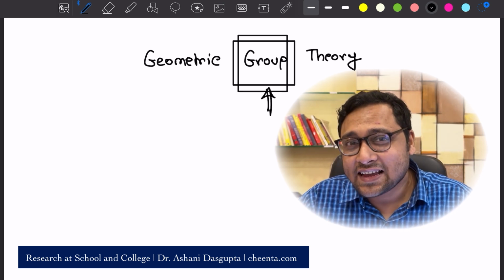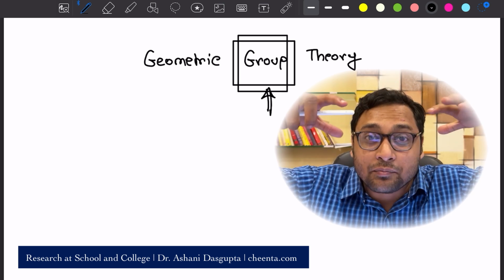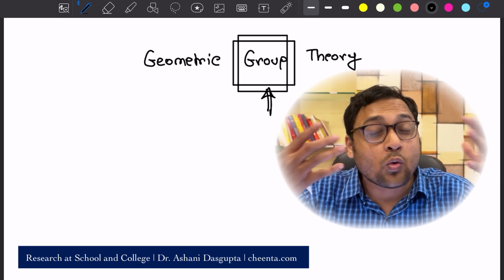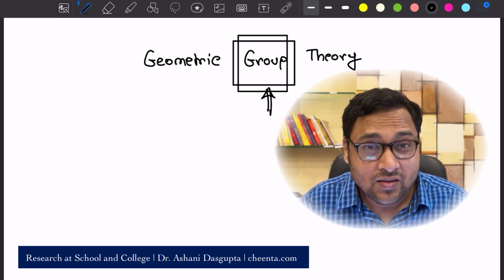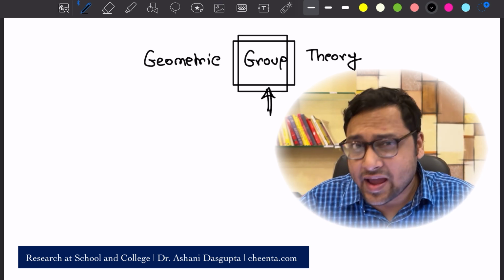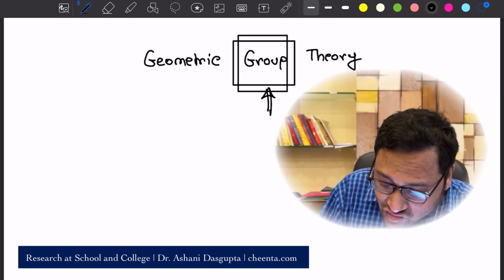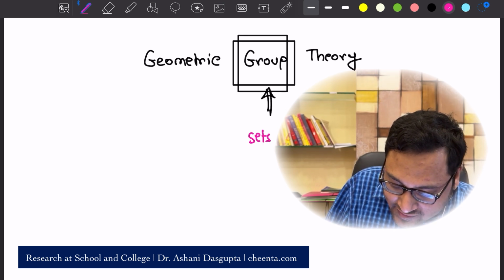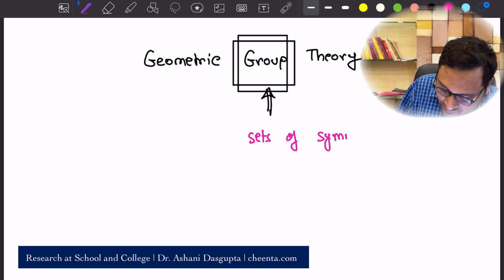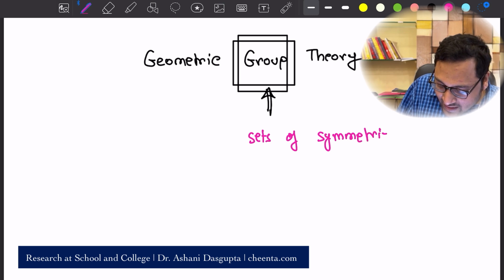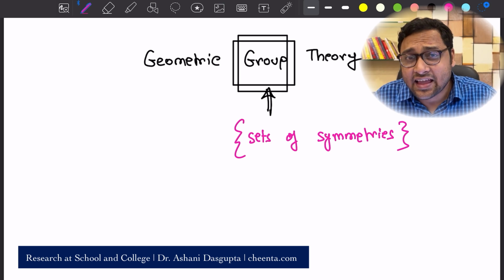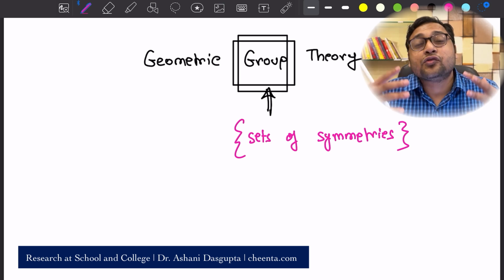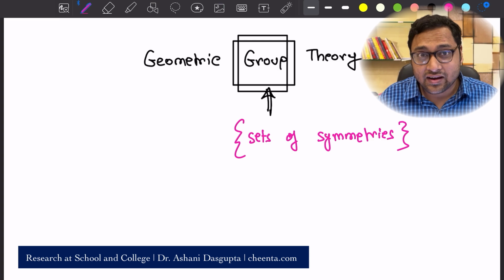It always helps if you have a bird's eye view of what is happening. Groups are everywhere. They are essentially sets of symmetries. And since symmetries are everywhere, therefore groups are everywhere.